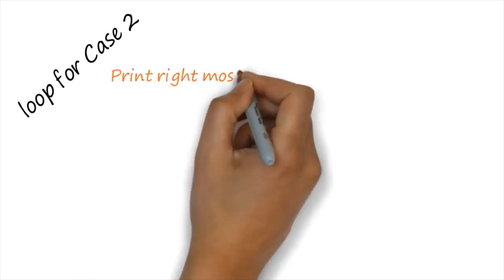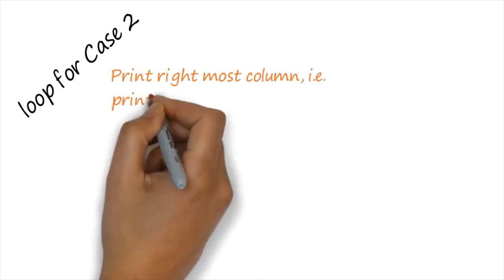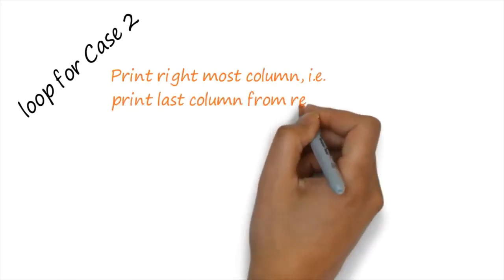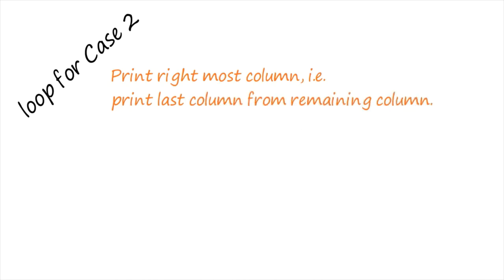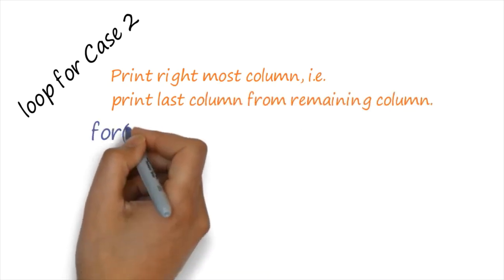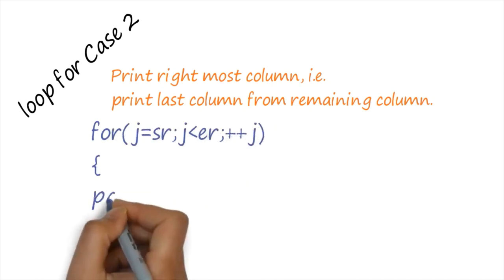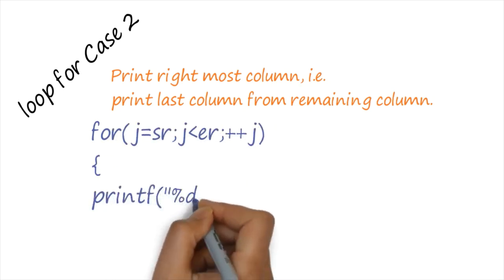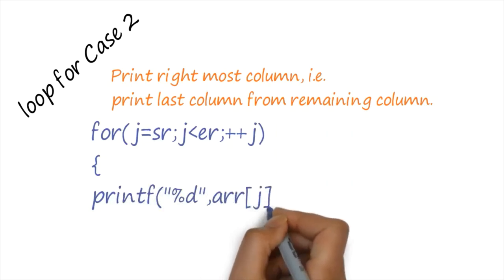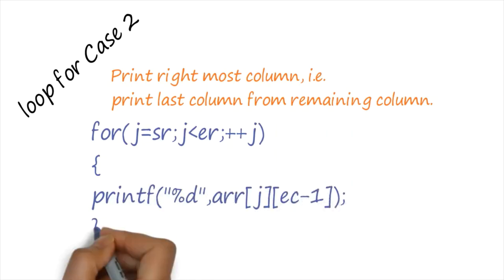Now we will design the for loop for case number 2. Case number 2 was that we have to print the last column. Printing the last column means the column is fixed but the row is changing. So we have to proceed from SR, the starting row, to ER. Here the row value will be changing and the column value will be fixed.